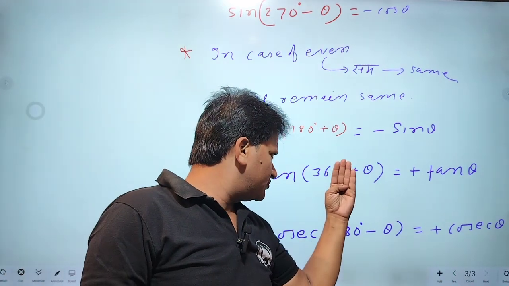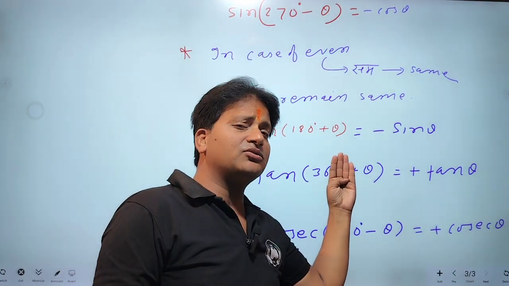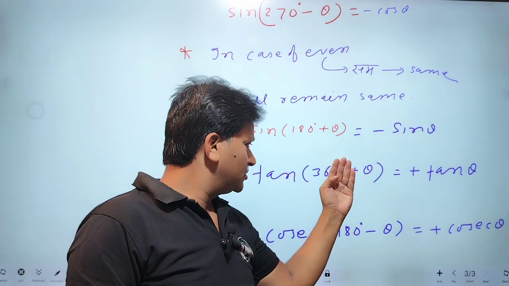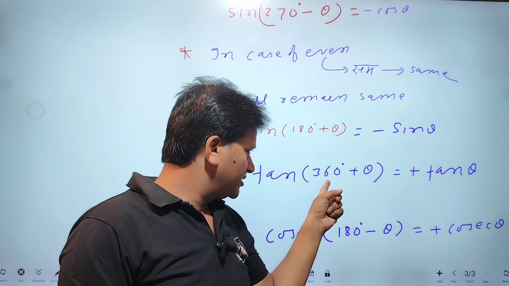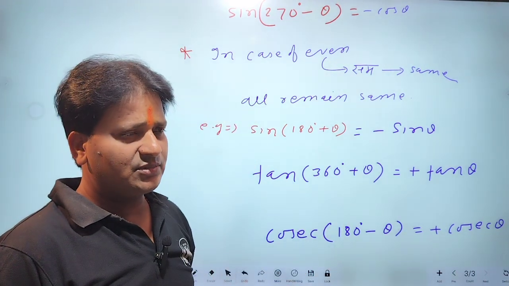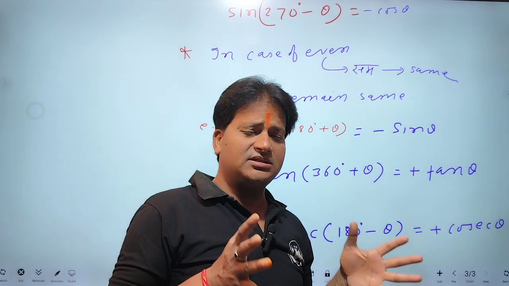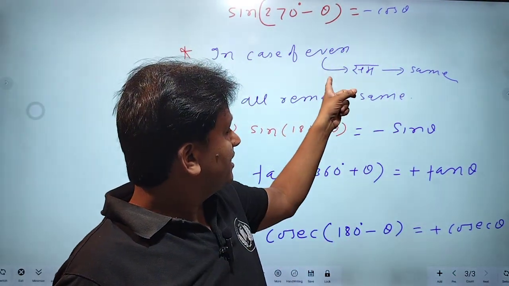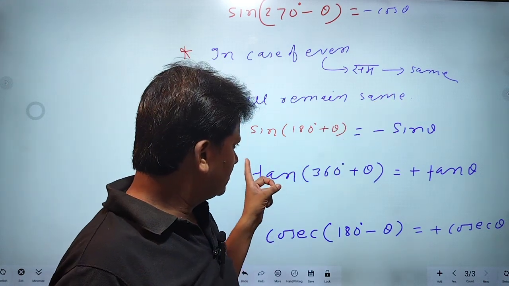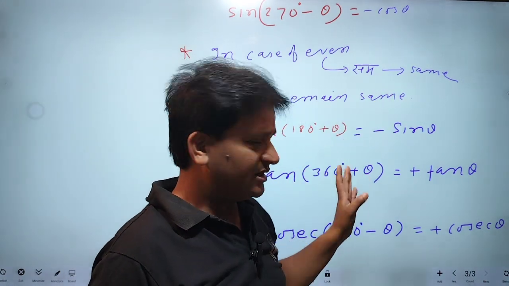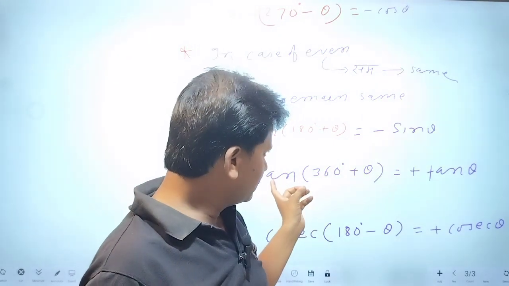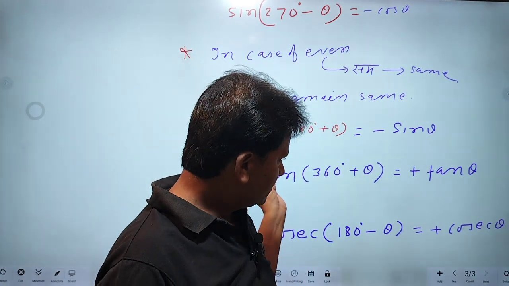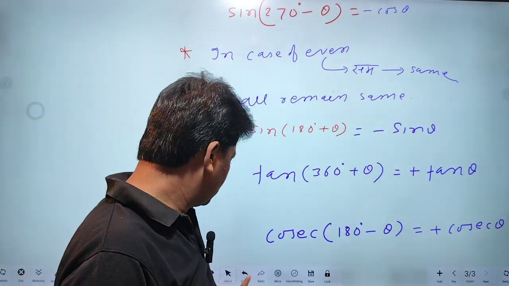Now, I am going to omit or remove 0. This will be even because 36 is even number. In case of even, all remains same. Therefore, tan will remain in tan. That's why tan 360 degree plus theta, this will be tan theta.